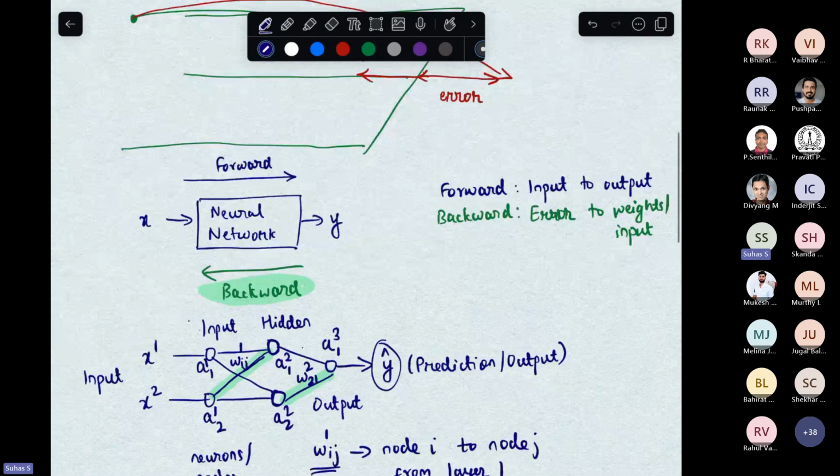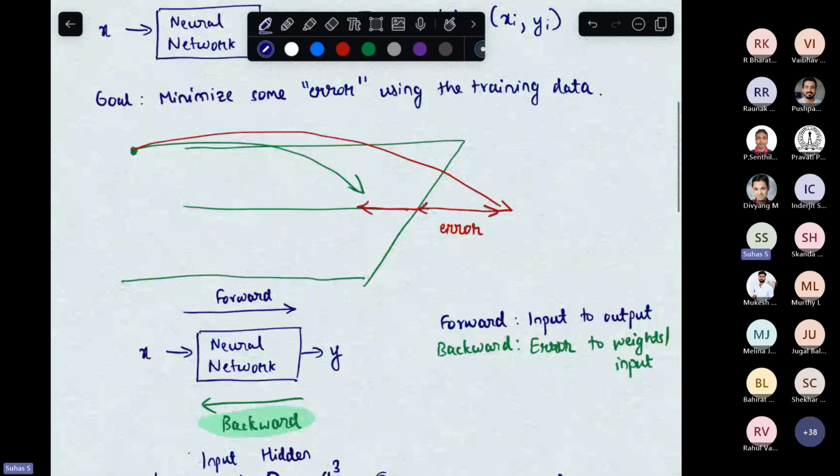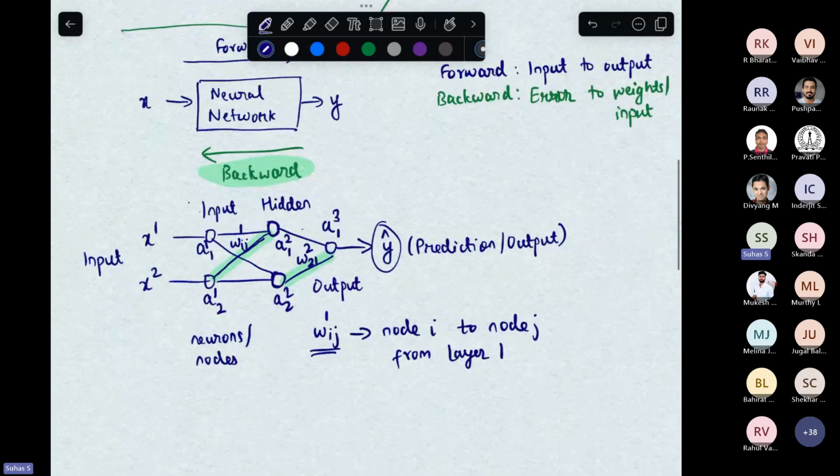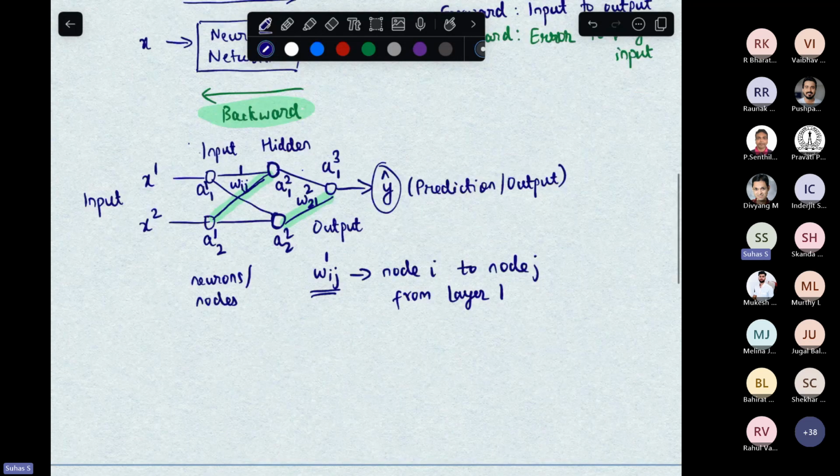So like I said earlier, the goal is to minimize some error using the training data, and this error is also called the optimization objective, or the loss function. A loss function is some function of your prediction y hat and your input x, along with the parameters.